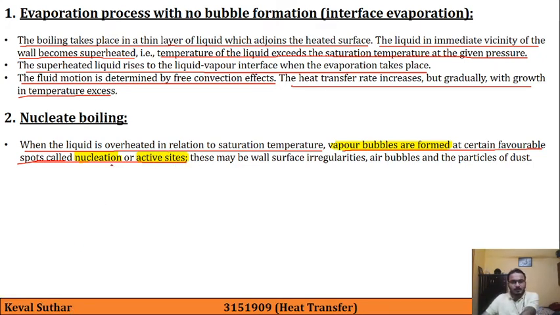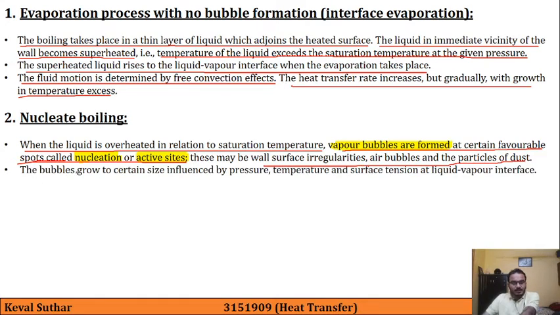We can find such active sites at wall surface irregularities, air bubbles and particles of dust. The bubbles grow to a certain size influenced by pressure, temperature, and surface tension at the liquid-vapor interface. So bubbles grow here at active sites.